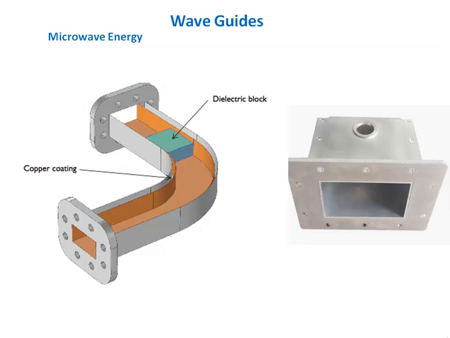You can see on the screen how the microwave energy is guided by the rectangular shape of the waveguide. Generally, waveguide is made up of copper, silver, and aluminum.